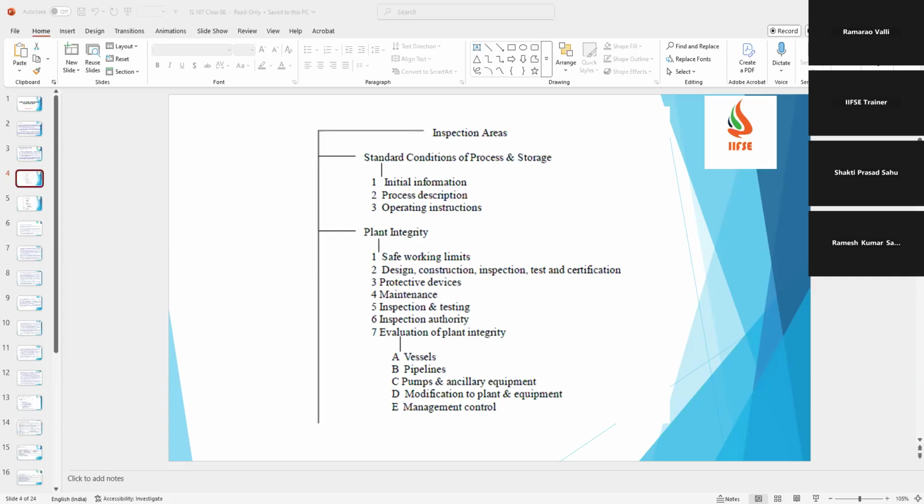When we say management control, it is nothing but management review meetings. As per ISO, what is the frequency of MRM meetings? Anybody? As per ISO management systems. Sir, I think it is 1 month. Frequency.